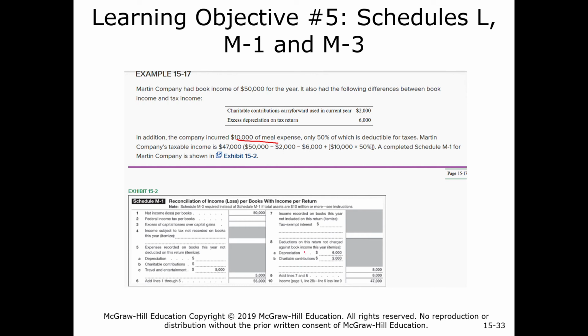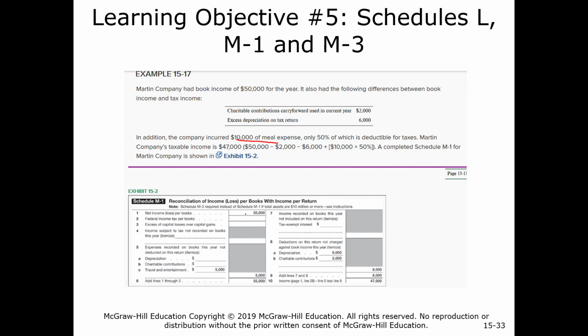Those instances could be depreciation when tax depreciation exceeds book depreciation. This will reduce our book income. And we have a contribution for tax purposes that was carried over from the previous year, which of course we don't have in our books, but we're deducting for tax purposes, so that's added there too.